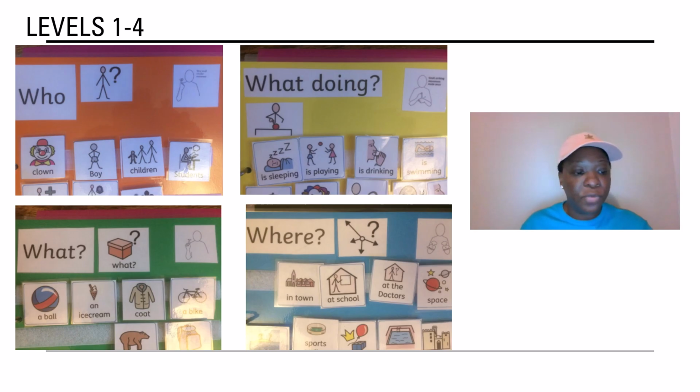Lastly, we have level four. We're introducing where as appropriate, depending on the child's length of utterance and their capabilities. So we can ask, where is she riding the bike? Is she going to school? Is she going to church? Is she going to grandma's house? It just depends on the appropriateness of the level. So those are the four levels of colorful semantics.